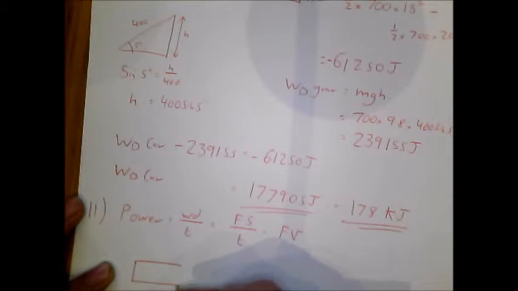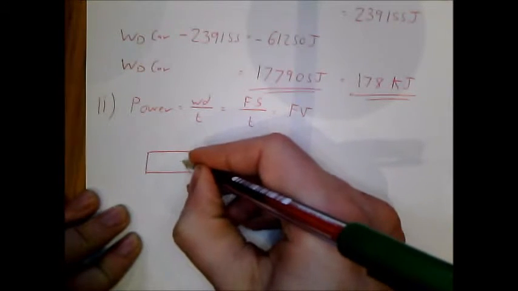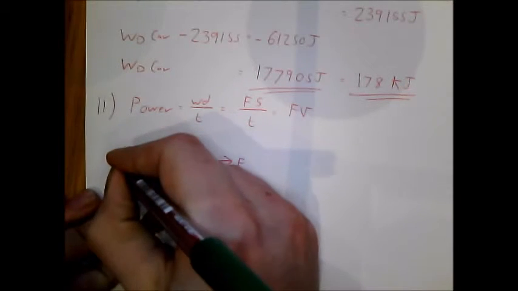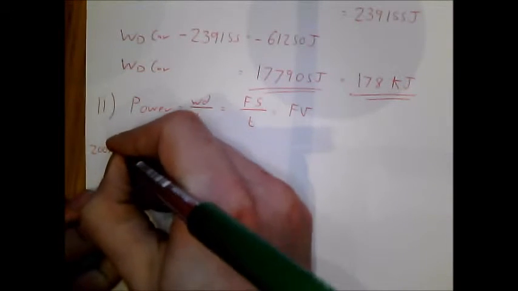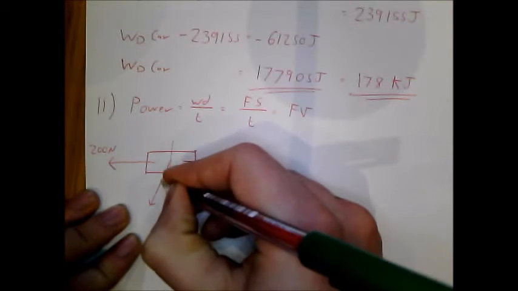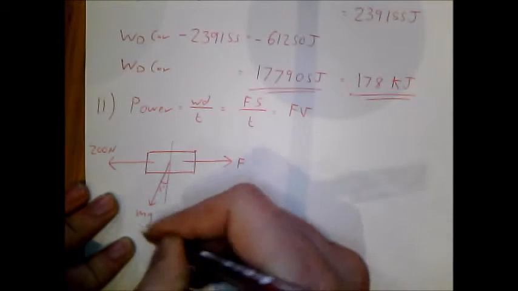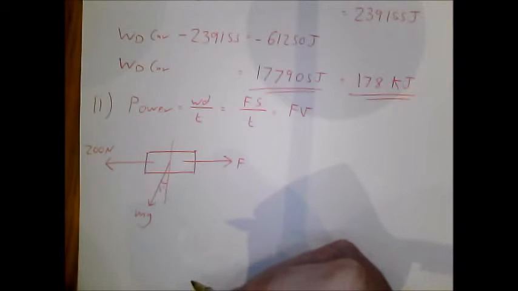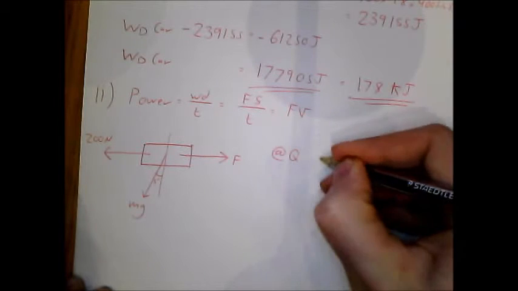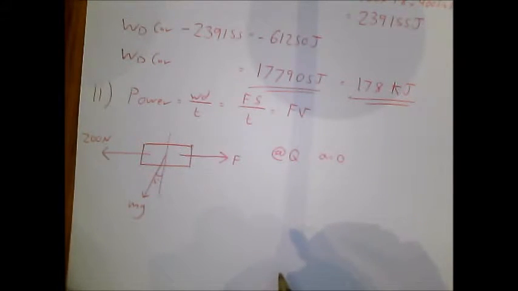Okay, so here's my car. There's a driving force of F. There's a resistance to the car of 200 newtons, and then we also have gravity working against us at 5 degrees, and that is mg. So we were told earlier in the question that at Q the acceleration is 0, so therefore we're in equilibrium here.